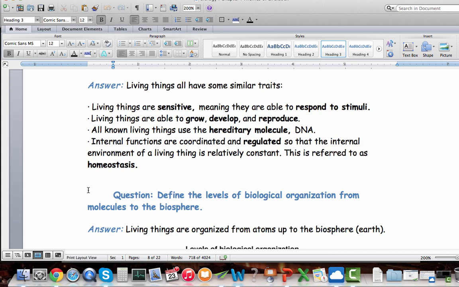Thirdly, all known living things use the hereditary molecule DNA. And fourthly, internal functions are coordinated and regulated so that the internal environment of a living thing is relatively constant. This is referred to as homeostasis.